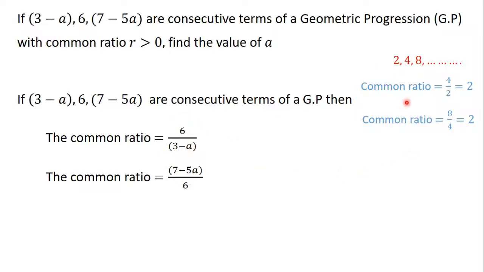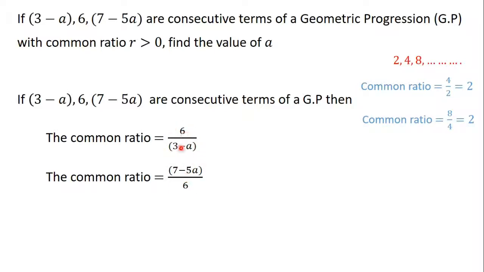The same common ratio is also equal to the third term divided by the second term. So here we can say that the common ratio is also equal to the third term, which is 7 minus 5a, divided by the second term, which is 6. Now we can see that the common ratio in the first instance is the same as the common ratio in the second instance. So we can equate the two.